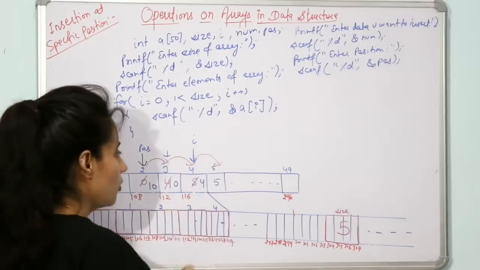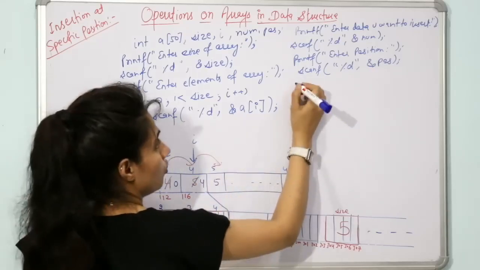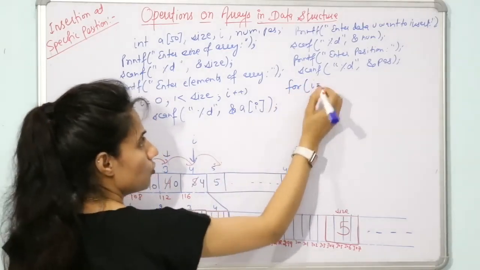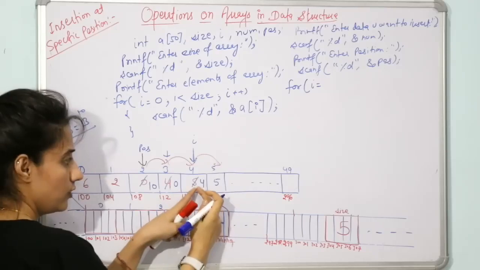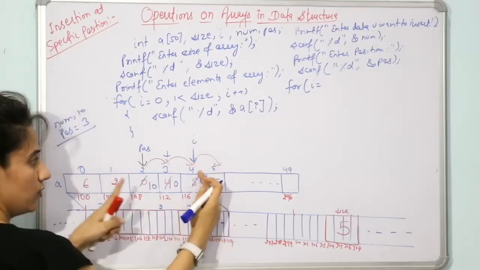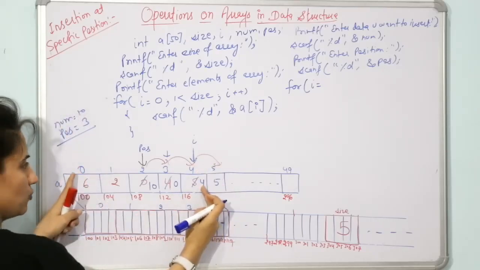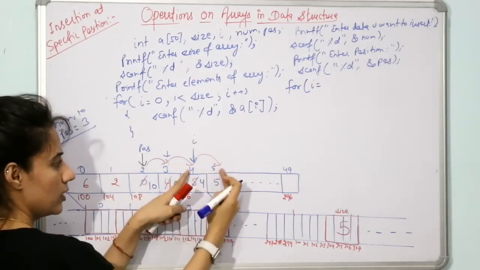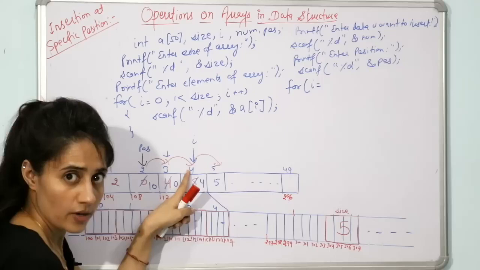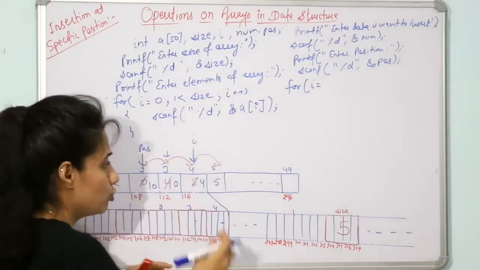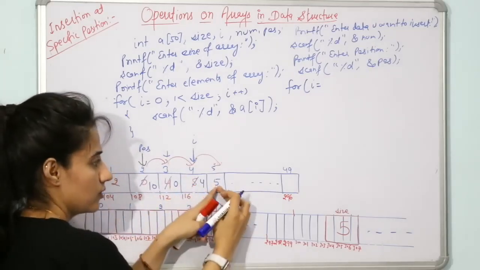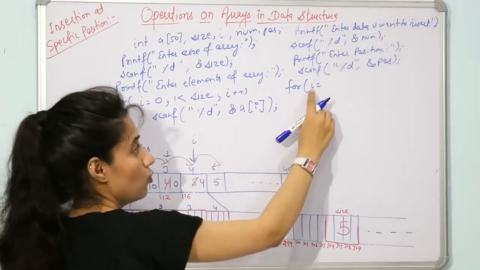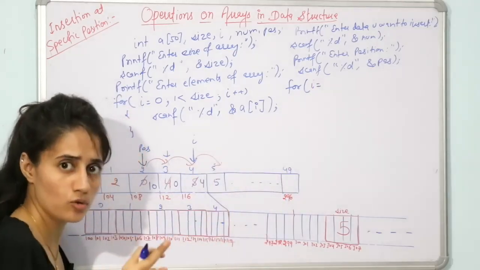Fine. So now you will write down a for loop for shifting, and we will start this for loop from where? Initially we have only 5 elements, from 0 to 4. So we started our loop from here and we shifted this to this. Fine. Two ways are there. You can also start our for loop from size. See, size is 5, so you can start the for loop with I equal to size, that is also fine.